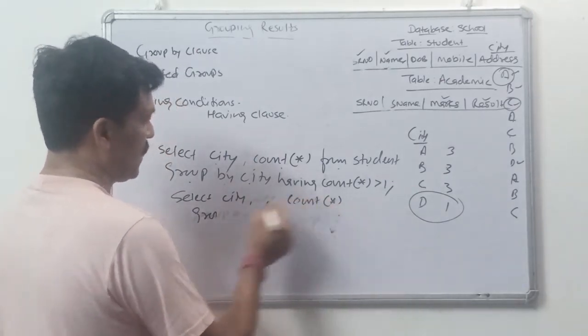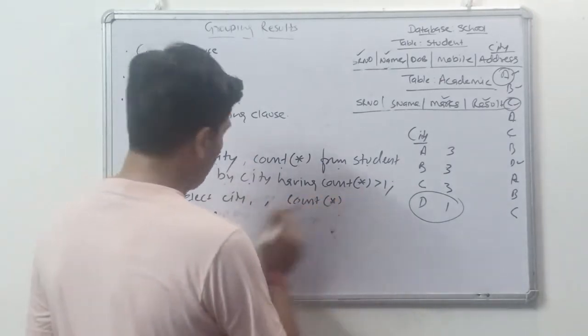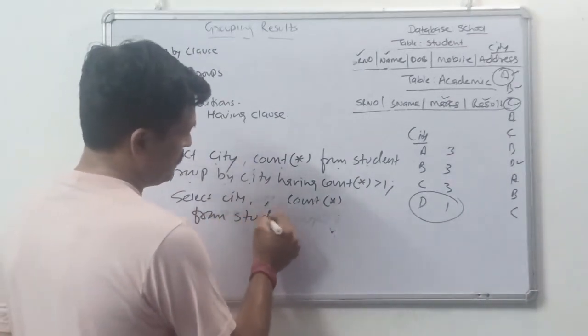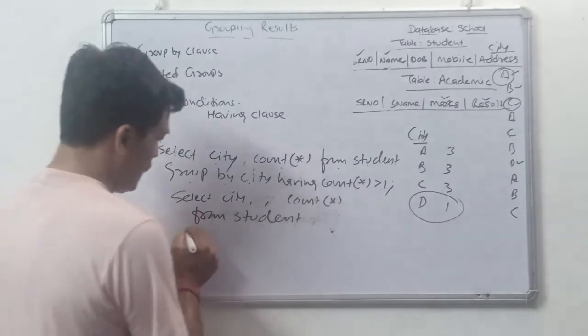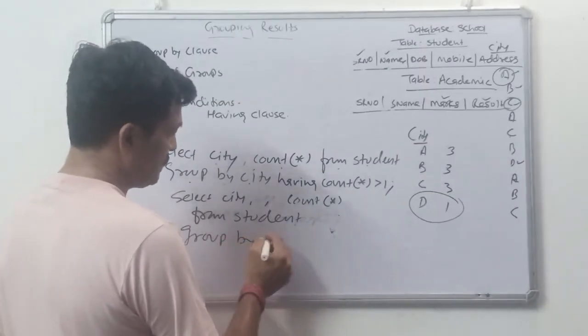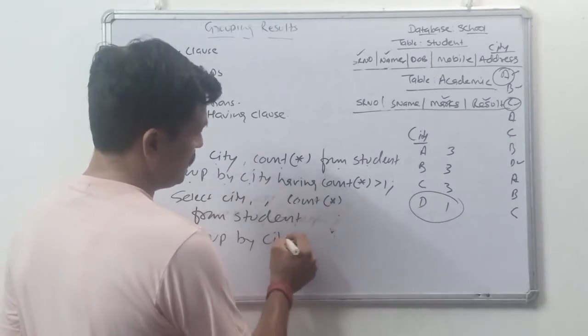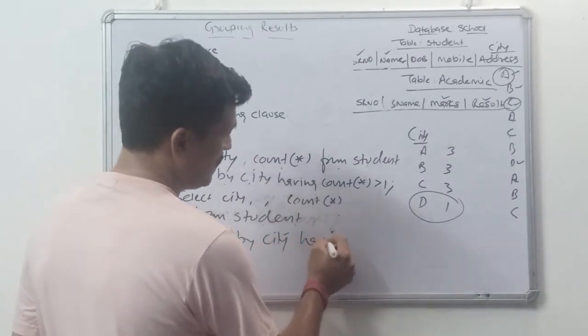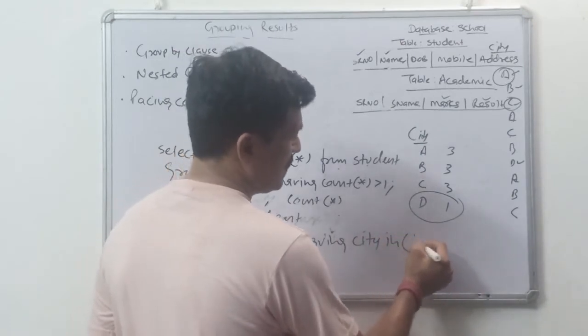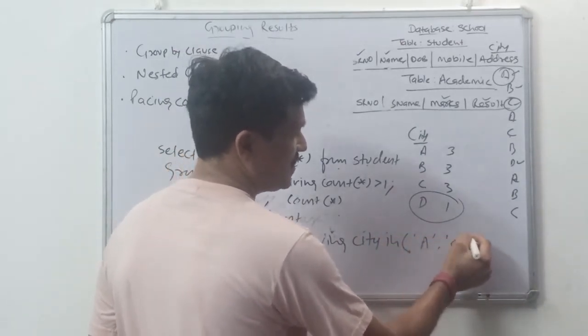Select city, count asterisk from student, group by city having city in A and C.